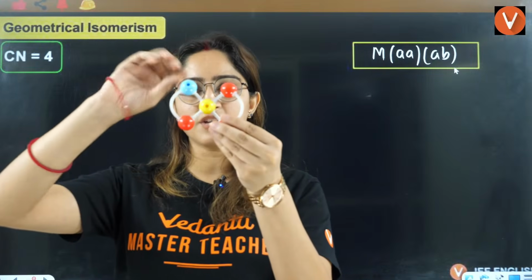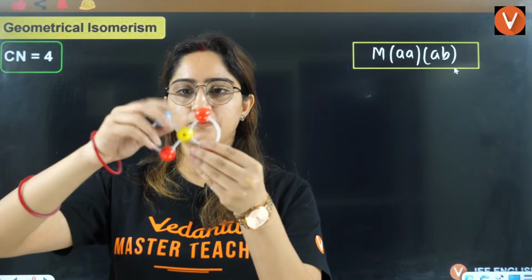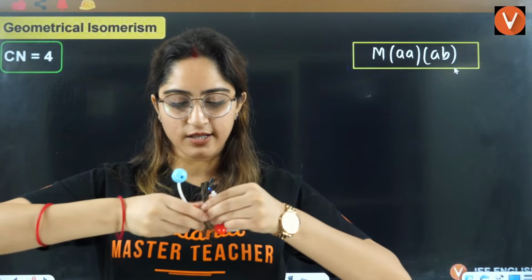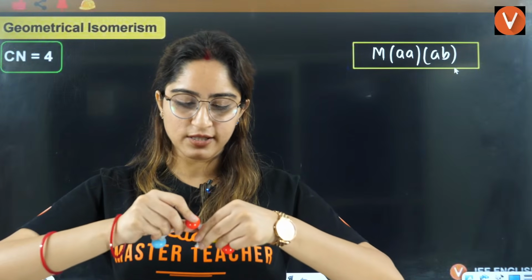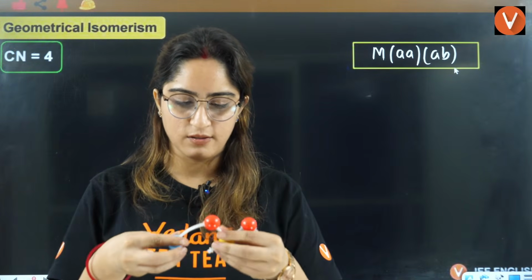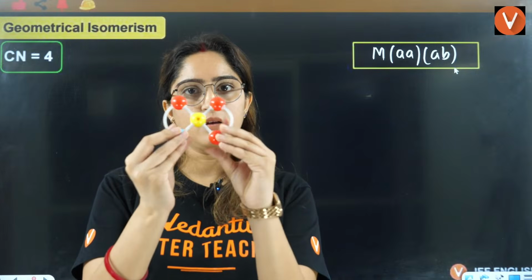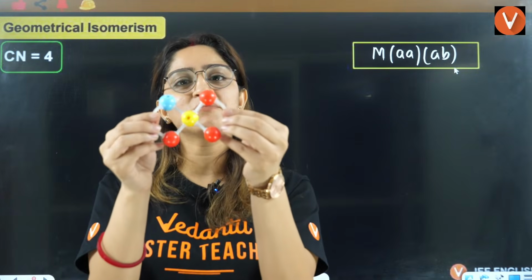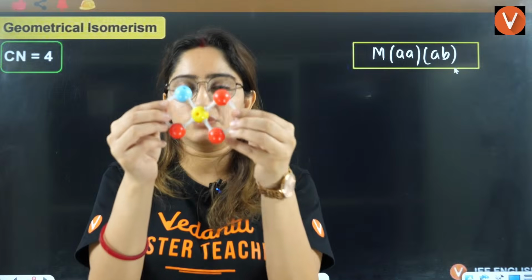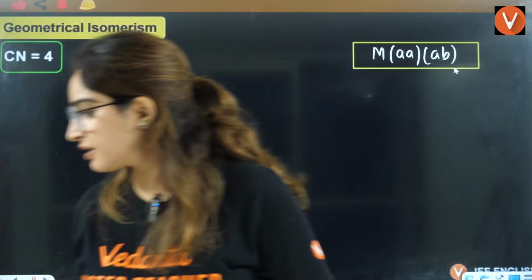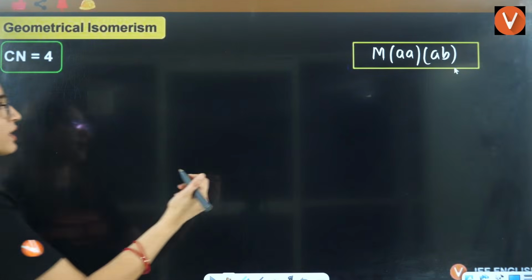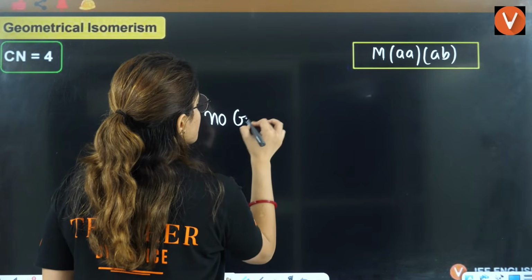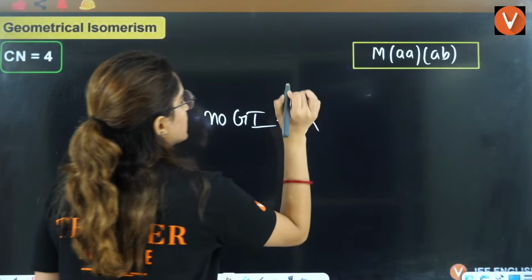If I interchange this, this is AA, this is AB. If I interchange this, I'll have this thing, which if I rotate, it will become the same thing. No change, right? No change. So again, I'll say no GI possible.